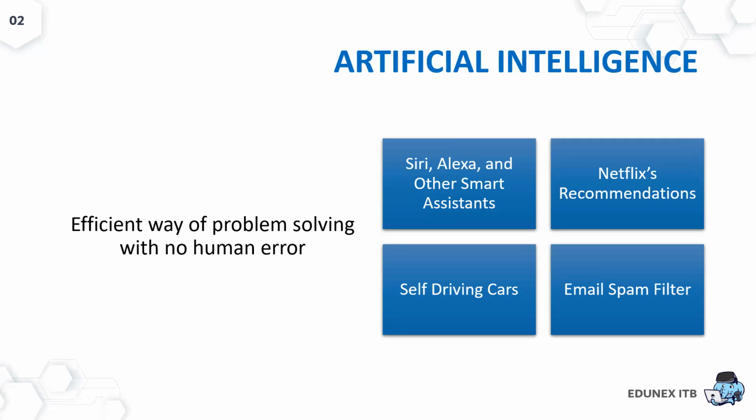It's unique because there is no human error, as the problem solving is done by the machine. The machine doesn't get tired like a human working on problem solving. So artificial intelligence is a new, unique technique to solve problems.